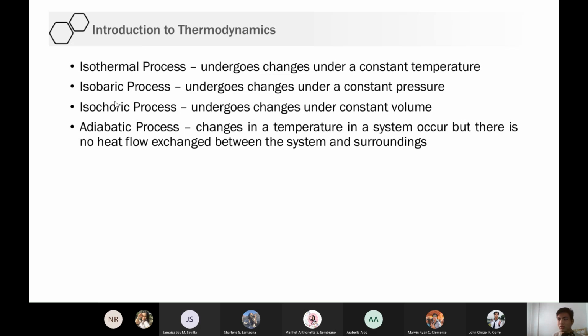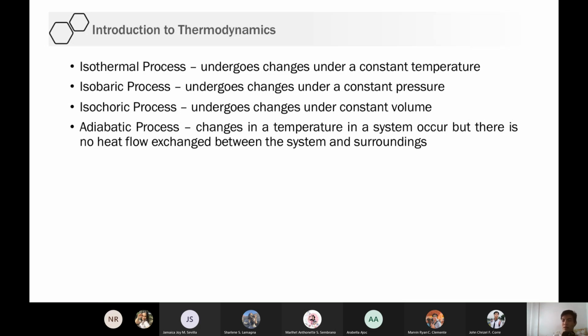Pag isochoric naman, constant volume to. Ang example nito would be kunwari yung muriatic acid, pati yung isang tabo ng tubig. 'Di ba pag maglilinis ka ng CR, paghahaluin mo 'yon. So yung volume na 'yon, constant 'yon.